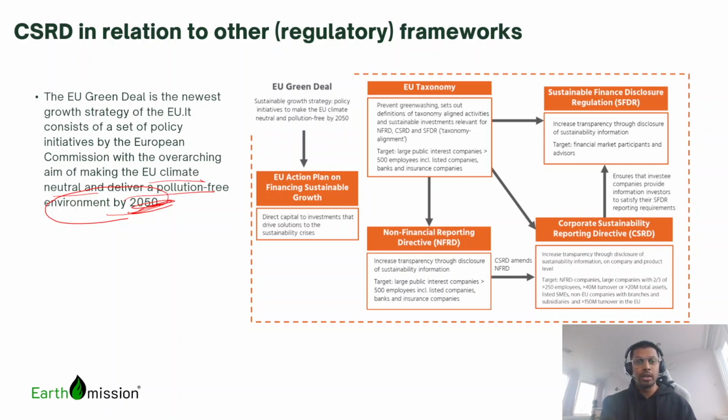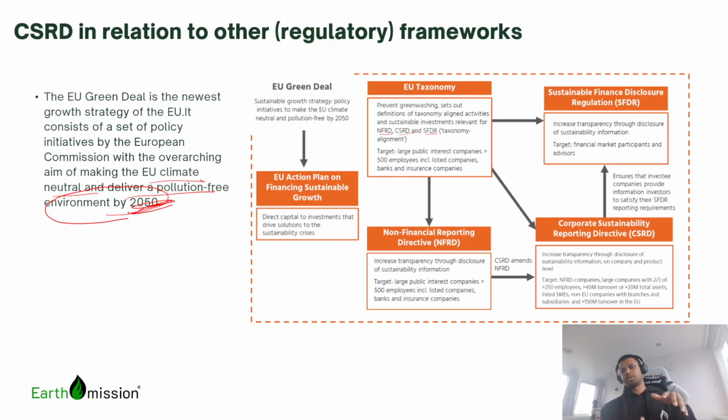If you look at the EU Green Deal, it's an EU action plan on financing sustainable growth, right? And then you have the EU taxonomy, which we also discussed. It's mainly used for preventing greenwashing. It sets definitions of taxonomy-aligned activities for NFRD, CSRD, and SFDR, like a taxonomy alignment. And large public interest companies, with 500 employees, including listed companies, banks, and insurance companies.